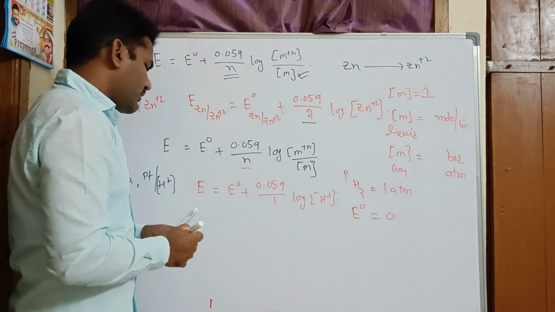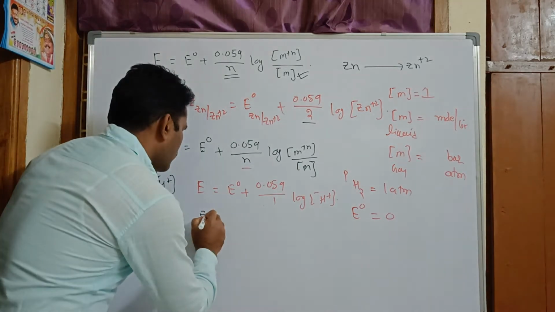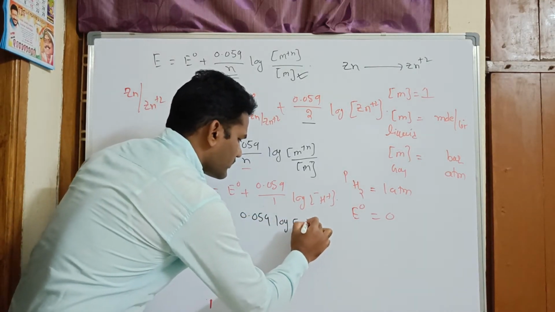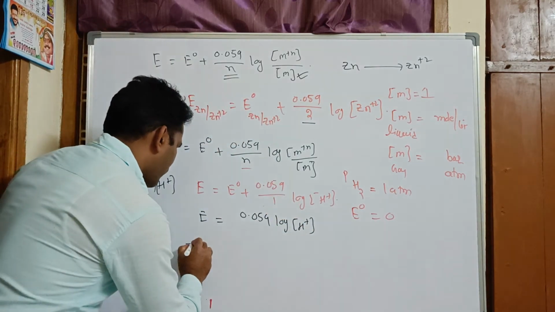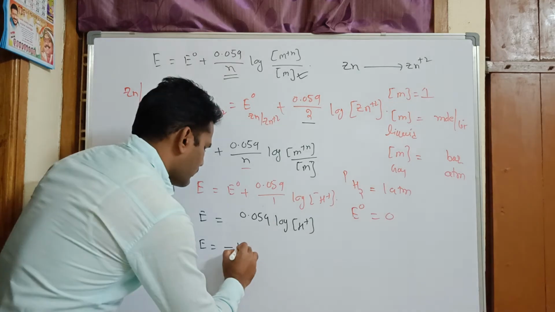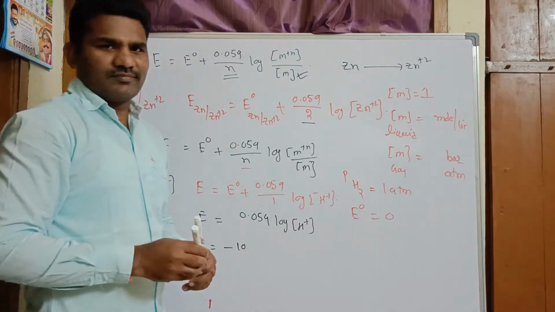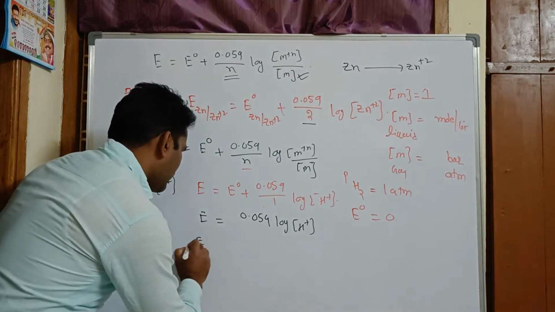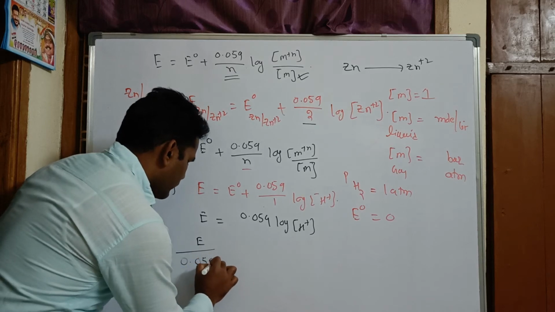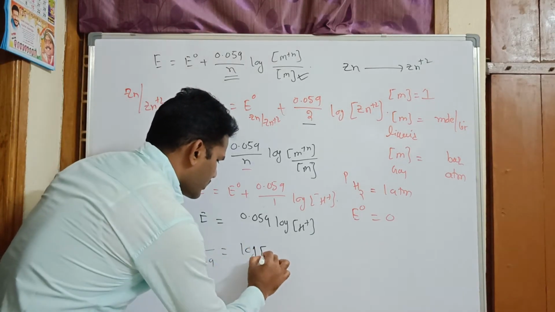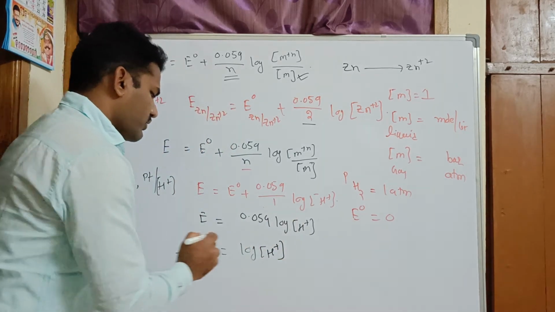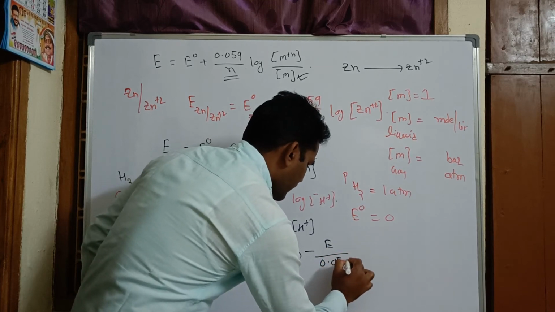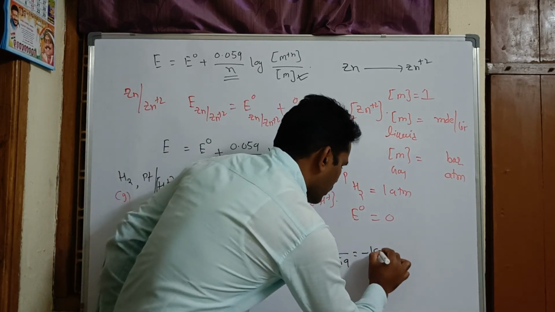So when I substitute that, I can write the equation as E = 0.059 log [H+]. Take the negative sign on both sides. Therefore, -E = -0.059 log [H+]. Bring this 0.059 to this side, then E/0.059 = log [H+]. Take the negative sign on both sides, then -E/0.059 = -log [H+].